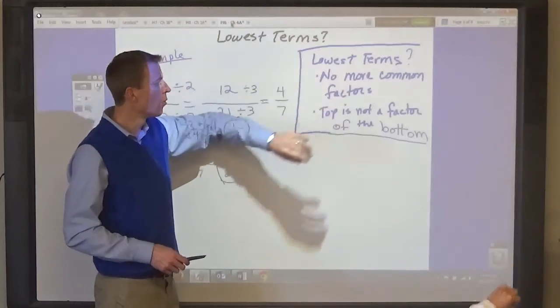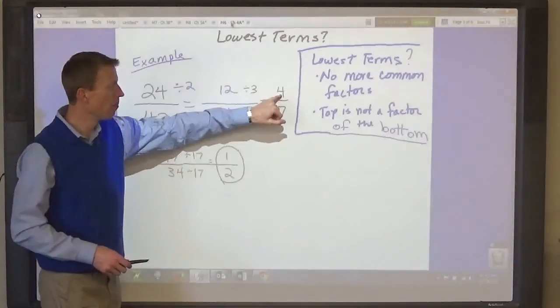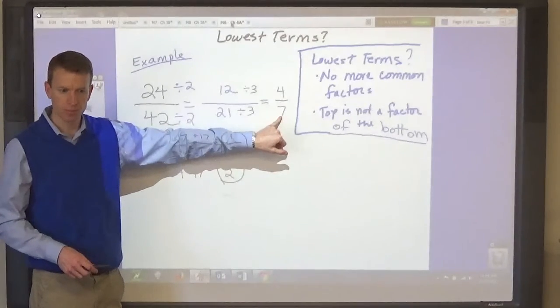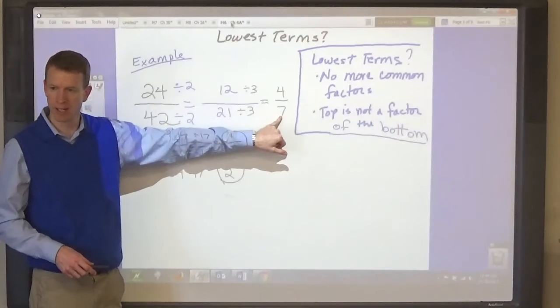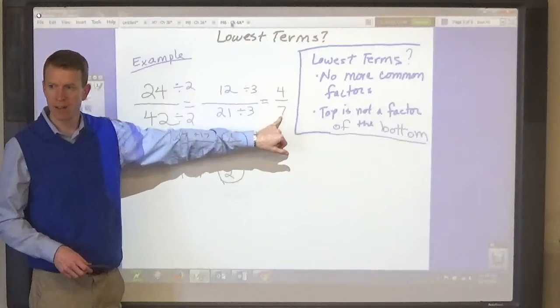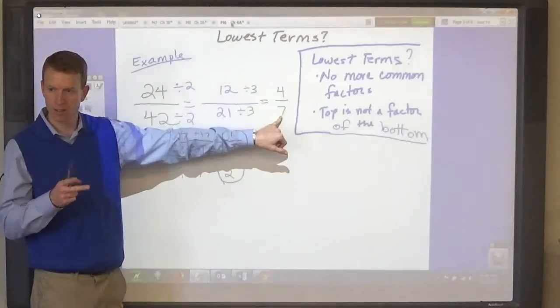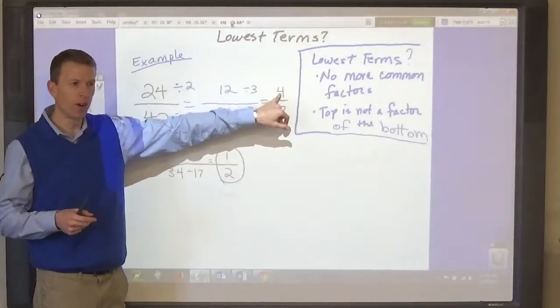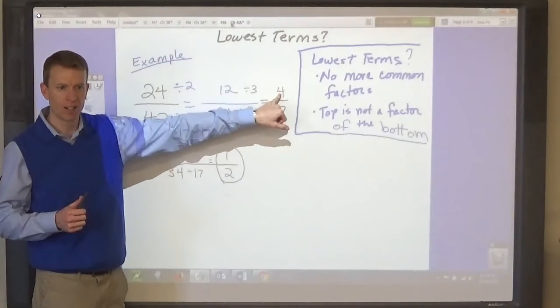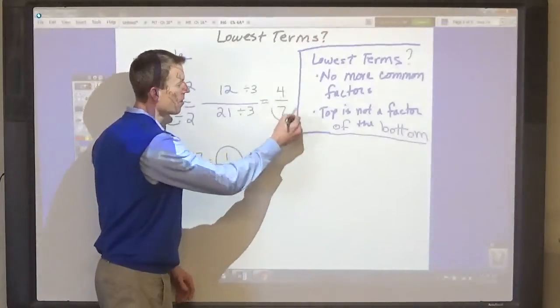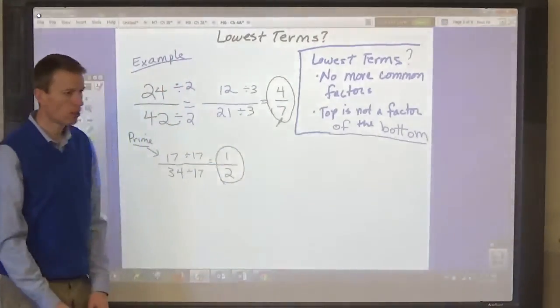So, in other words, if one of them is a prime number, like 7, 7 is a prime number, isn't it? Are there any other factors of 7 other than 1 and 7? And since 4 is not a factor of those, then 4/7 is in lowest terms.